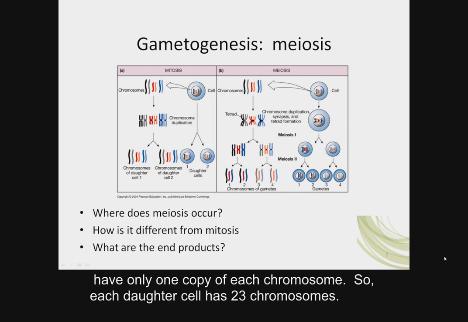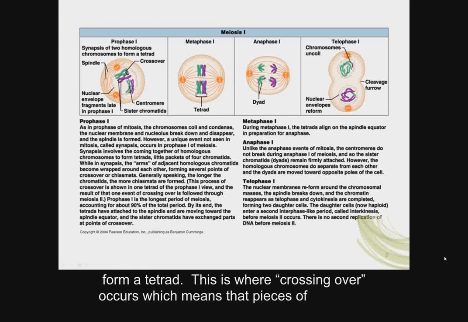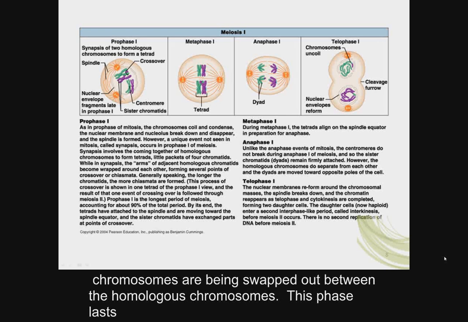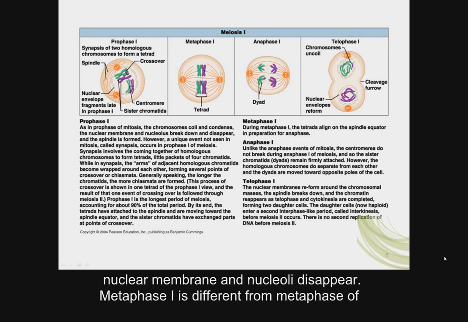During prophase 1, synapsis occurs between the 2 homologous chromosomes, and they form a tetrad. This is where crossing over occurs, which means that pieces of chromosomes are being swapped out between the homologous chromosomes. This phase lasts the longest of all the meiotic phases. As in mitosis, the chromosomes condense and the nuclear membrane and nucleoli disappear.